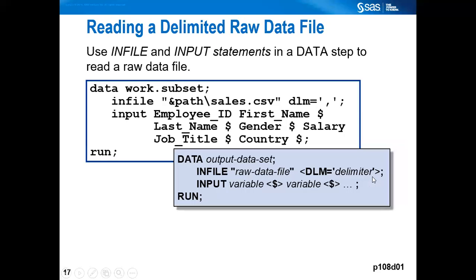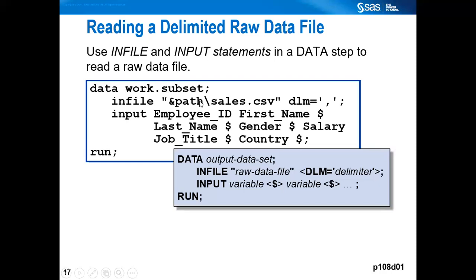Okay. So the steps to follow while creating a data set by reading a raw file are: DATA, INFILE, INPUT, RUN. Within your data step, these are the required statements. When you're creating a data set, the very first requirement is a DATA statement followed by the output data set you're creating.